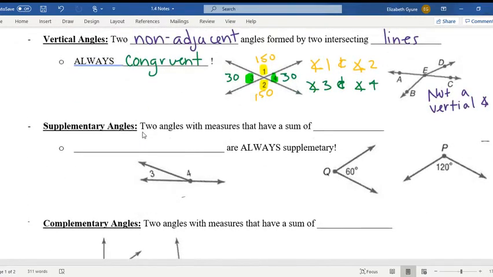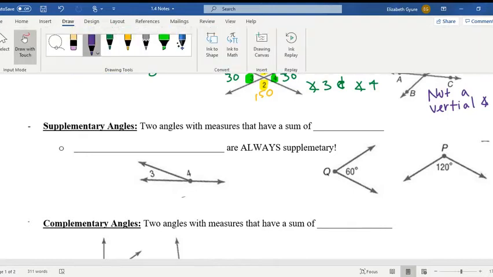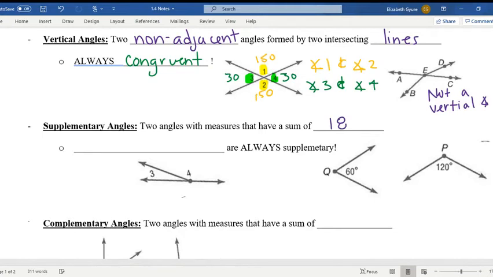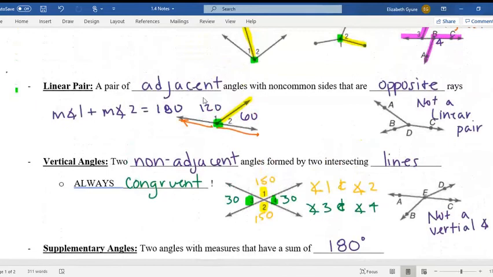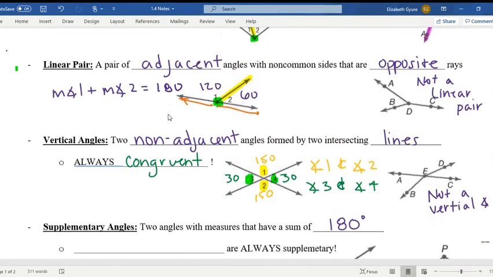Supplementary angles, you've probably heard this word before. Those are two angles with measures that have a sum of 180 degrees. Now, we've already talked about a kind of angle that adds to be 180 up here with linear pairs, right? Linear line being 180.